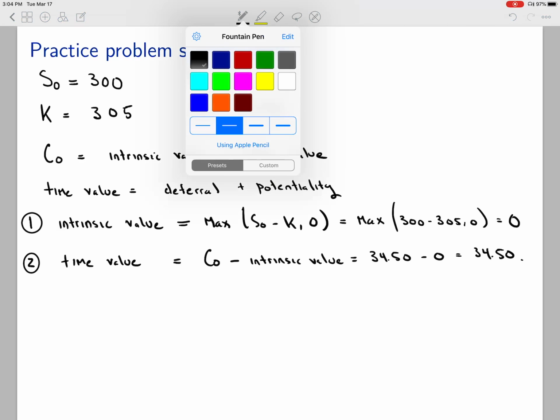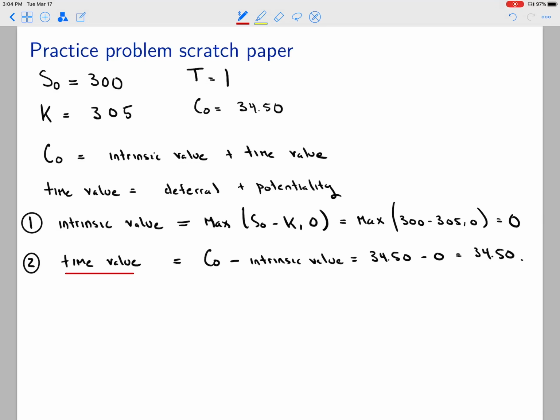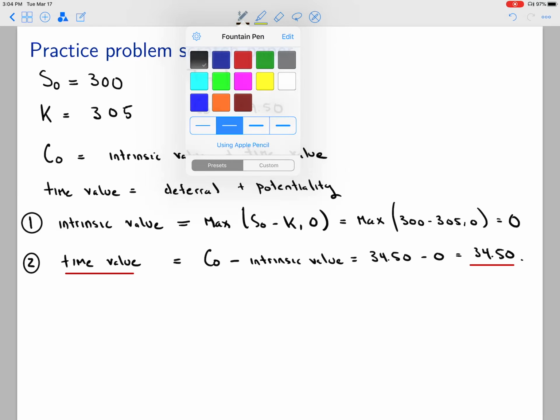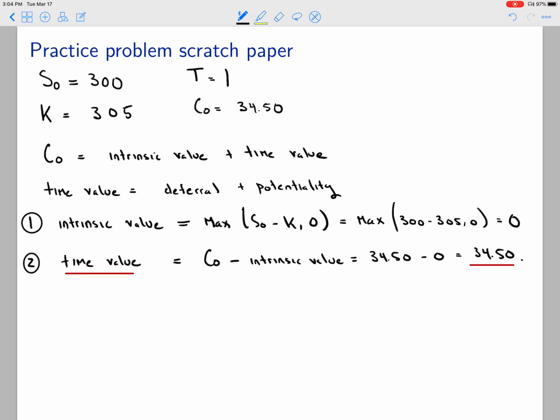So note that time value here makes up the entirety of the value of the option. If you were to exercise the option today, for example, if it was an American option, then you would get a payment of 0. It's worth nothing to you. But instead, the time value makes up the total portion of the premium.